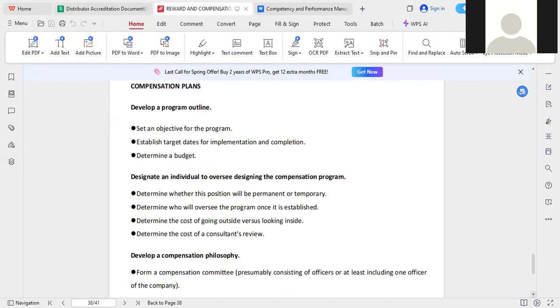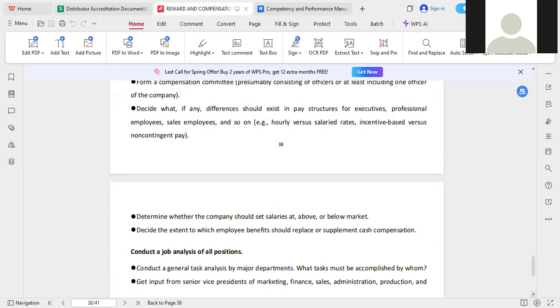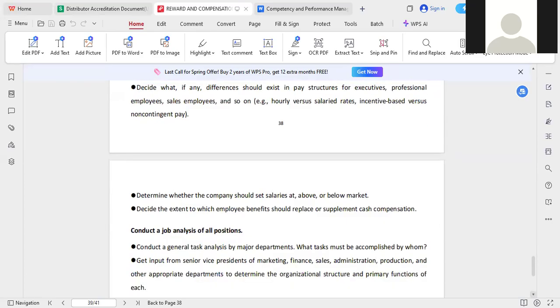So compensation plans are good because you can develop a good program to help you effectively implement a compensation plan. To develop a compensation program, designate an individual to see how the compensation program is going, then develop a compensation philosophy.